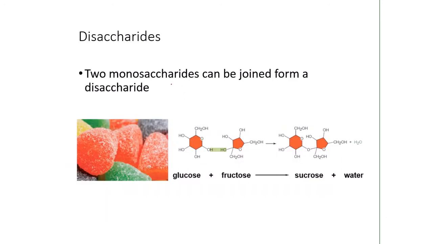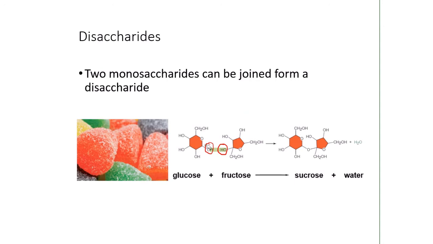So we can take two monosaccharides and combine them together. Let's say we take glucose, one of the monomers, and we take fructose, and you can see the glucose here has the OH and the fructose here has the OH as well. If you want to connect them chemically, you will have to do dehydration synthesis, also known as a condensation reaction.